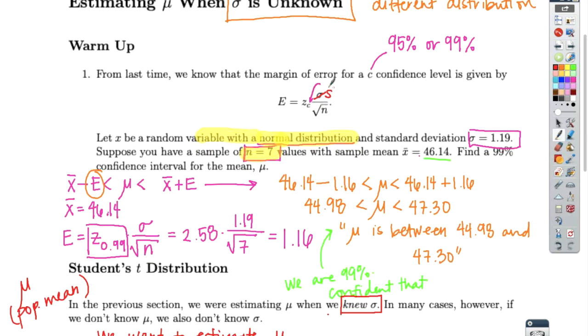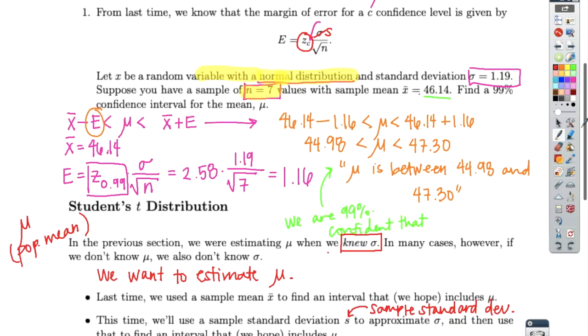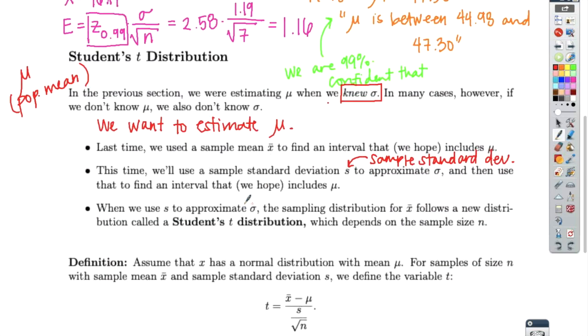We have to pay for this estimate somehow, and the way that we pay for it is right here. We were using a Z value, the critical value, before. Now we're going to be using something called a T value from a different distribution, which is called the student's T distribution.